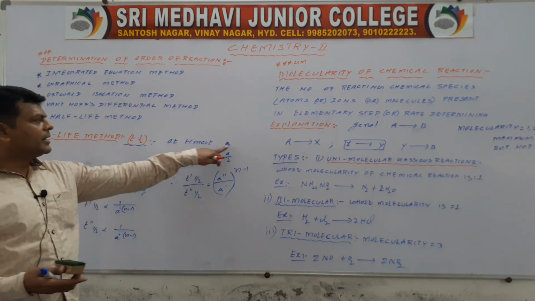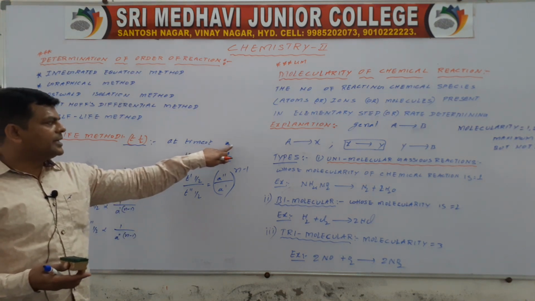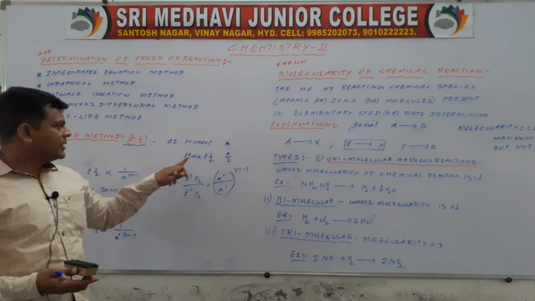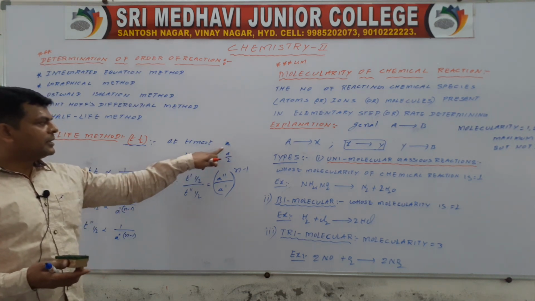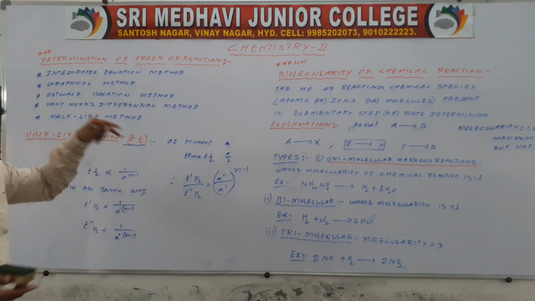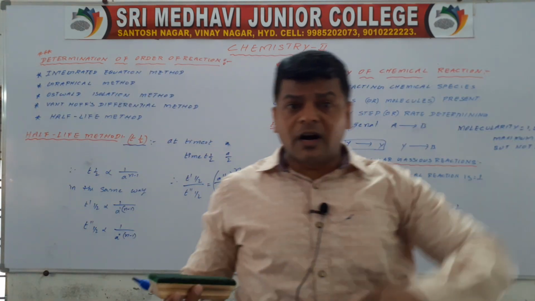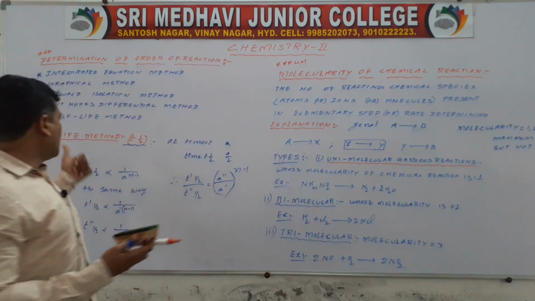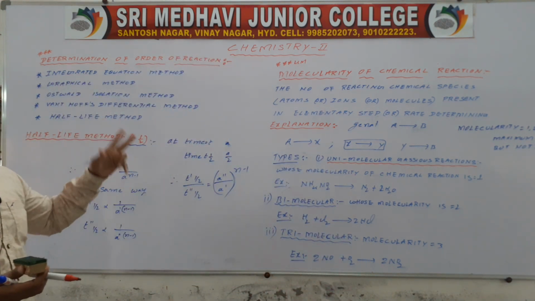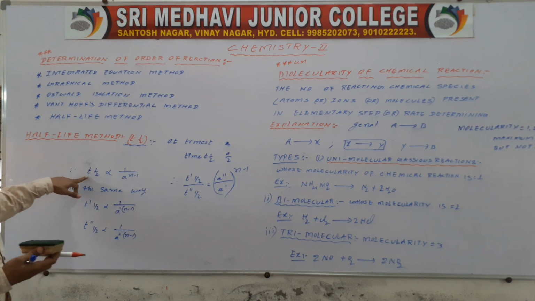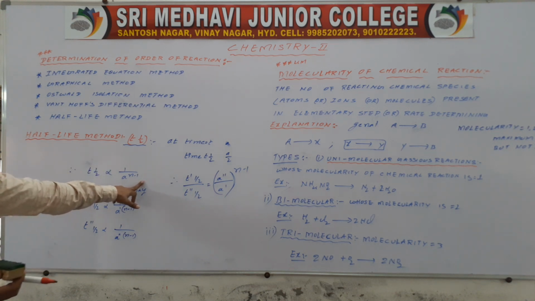At time t equal to 0, the initial concentration is a. Then at time equal to t half, the concentration will be half. That particular time where the initial concentration becomes half is called the half time of that chemical reaction. Then t half is inversely proportional to 1 by a to the power of n minus 1.